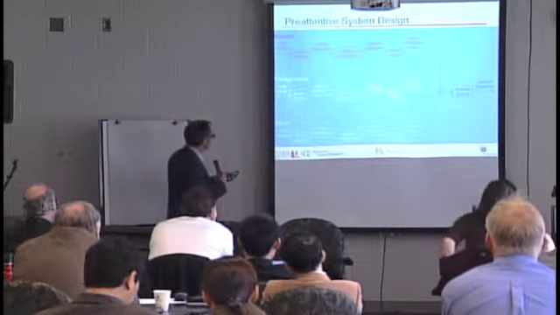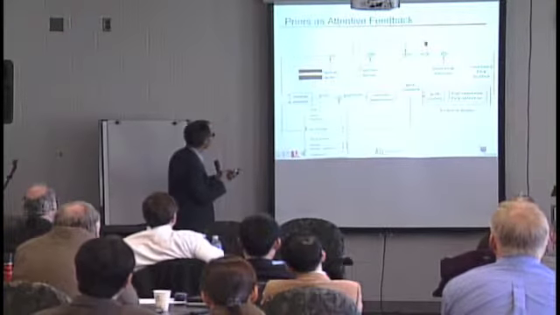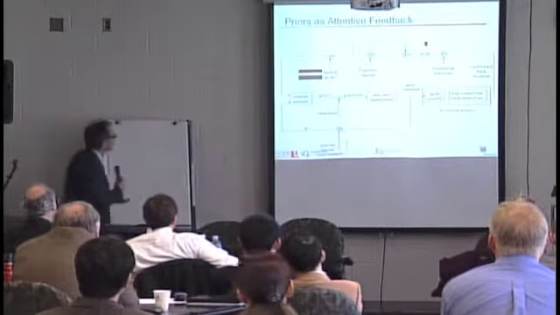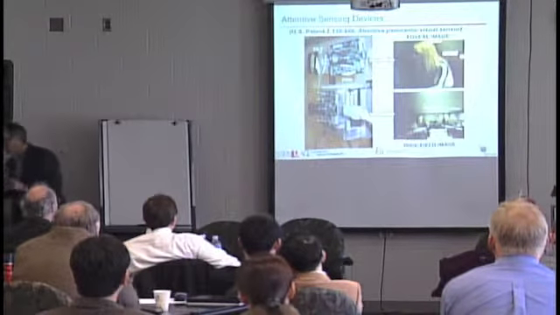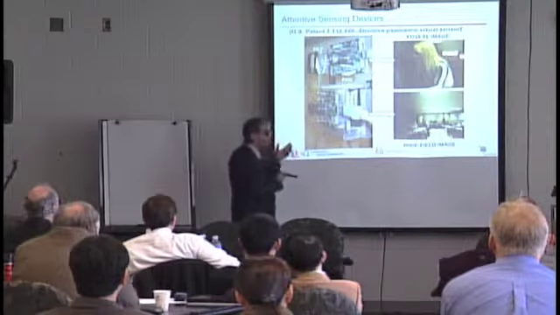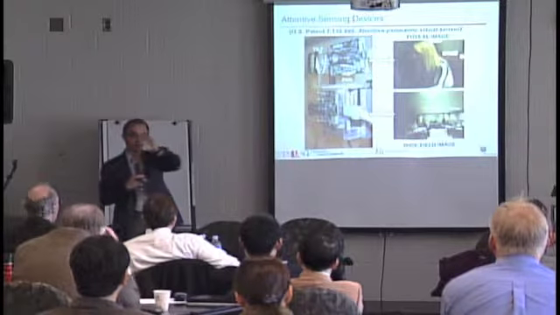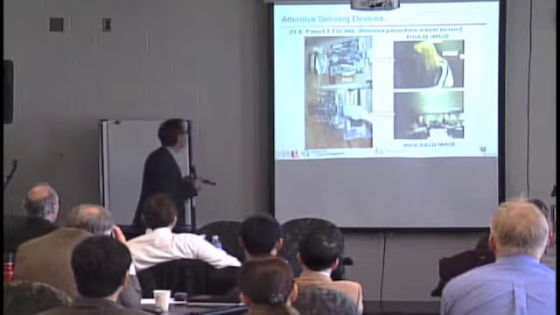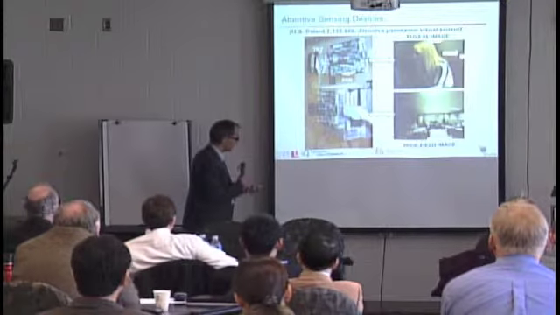This is a valuable system in the sense that it can provide human-like capability. In human vision, we have a large field of view, but we have a fovea, which allows us to look around and get detailed information. The question is, where would we like such an attentive sensor to look?